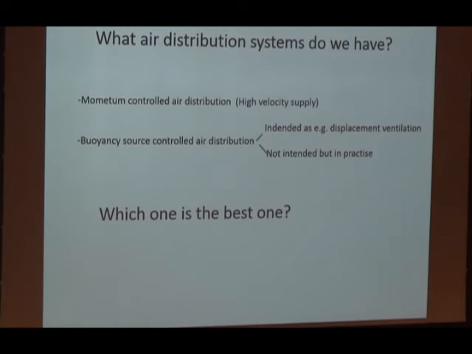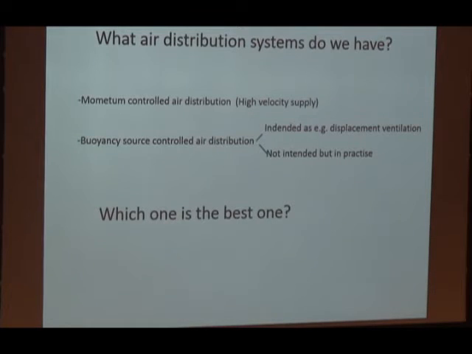Okay, what kind of air distribution? I said that ventilation or air quality is dependent on what type of distribution we have. Well, what kind of air distribution system do we have? There are two types. There are those controlled by the flow, high velocity flow or momentum, as I say technically, and those controlled by buoyancy sources, heat, where we are heating or cooling.